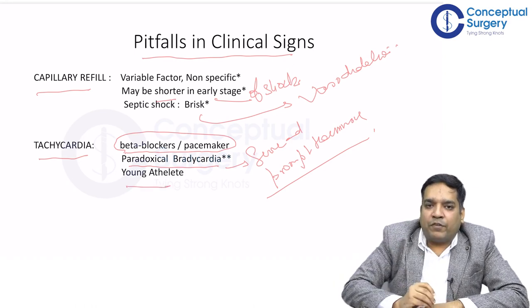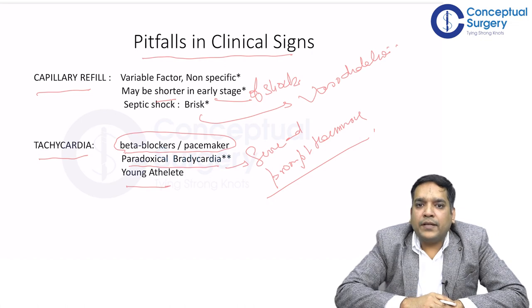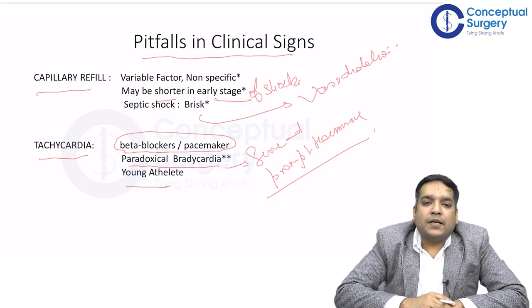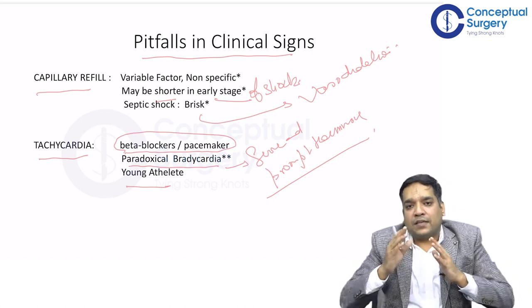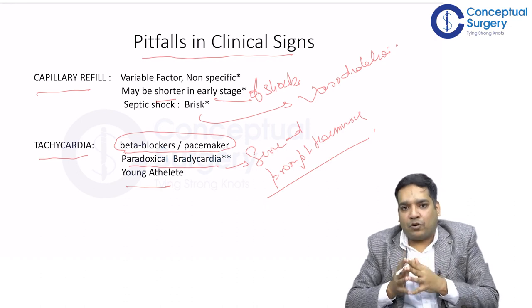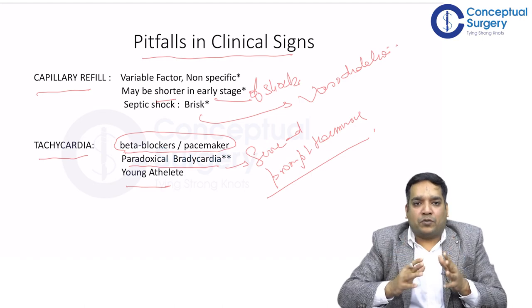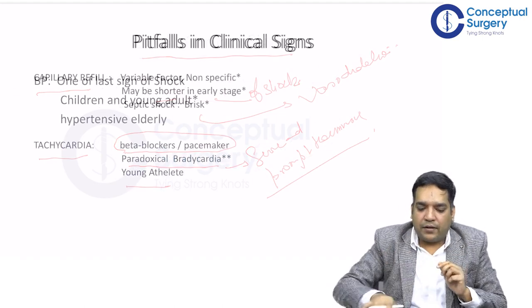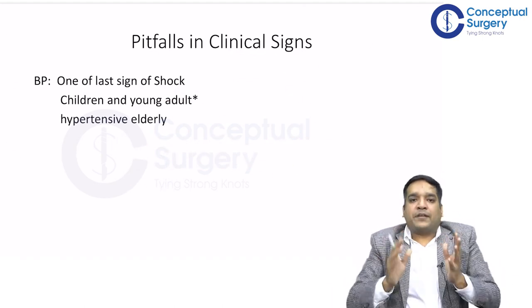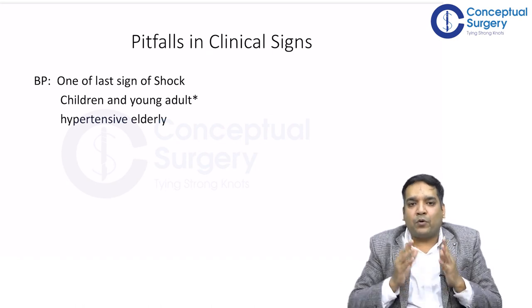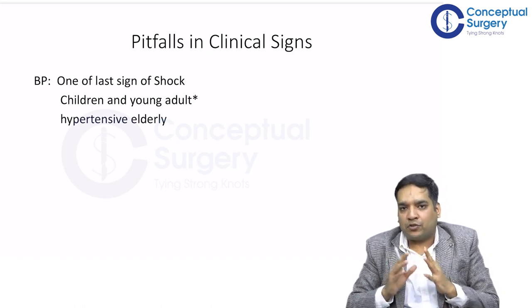A young athlete who has a pulse rate of 50 in a case of shock might present with a pulse rate of 80, which itself is a normal pulse rate, but they have shock. So tachycardia is not always associated with shock, right? Another inaccurate measure is BP. It is important to know that hypotension is the last sign of shock, right?